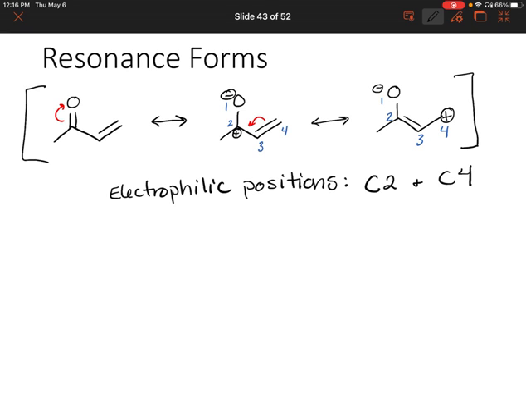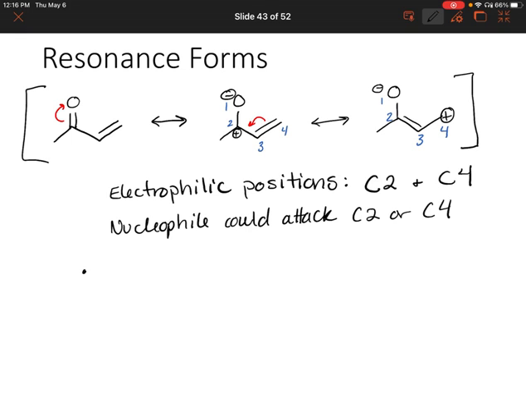So we have two potential places where a nucleophile could attack: C2 or C4. So how do we know what's going to attack where?